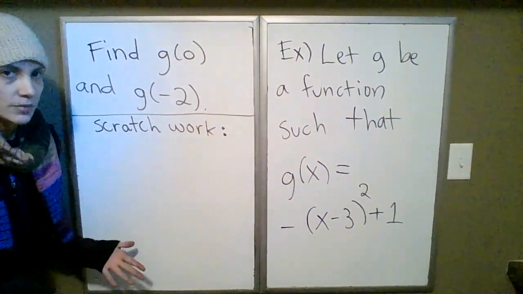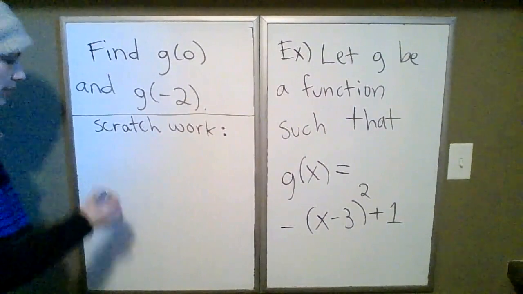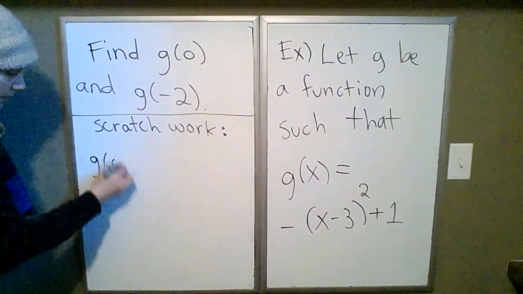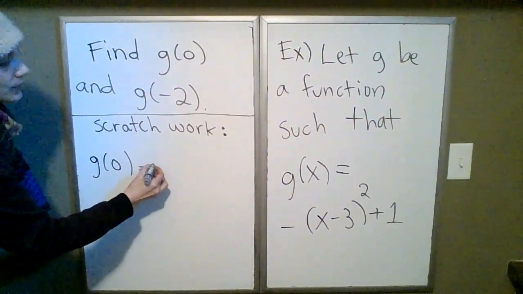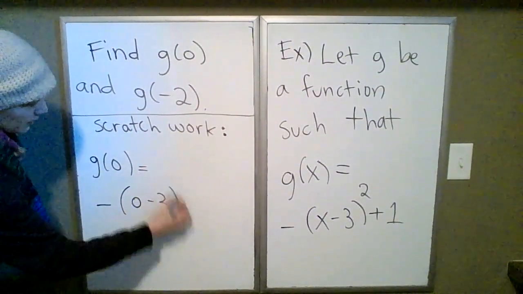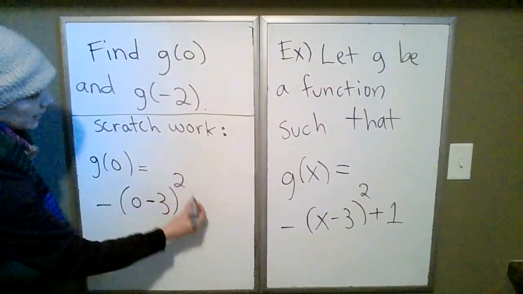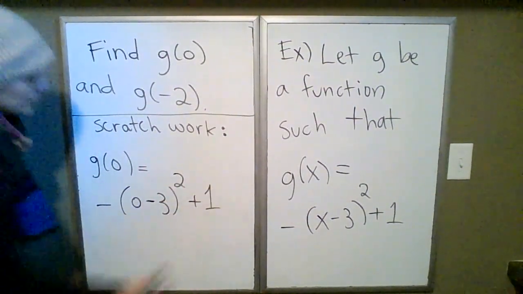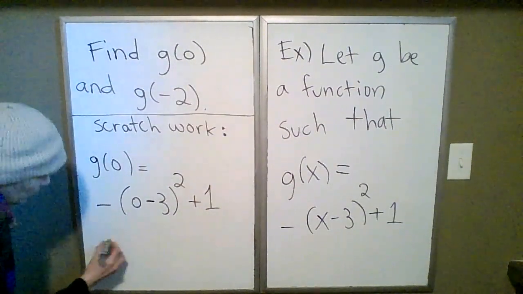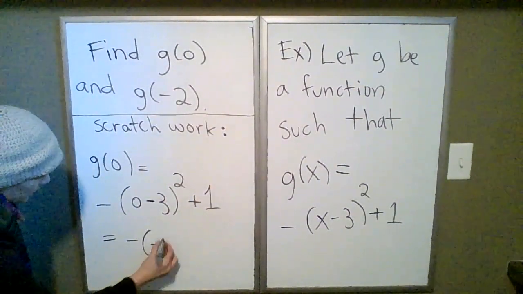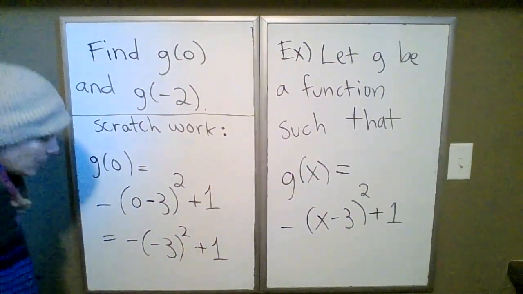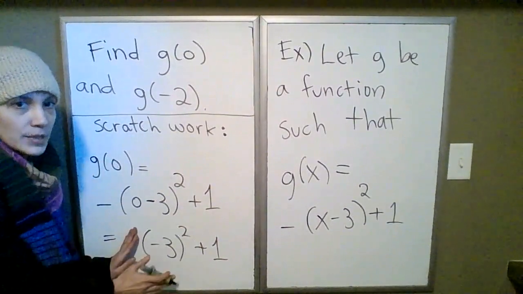Okay, let's start with g of 0. We put x equal to 0 and send it through the function g. Negative (0 minus 3) squared. So it's a negative of (-3) squared, plus 1. This (-3) squared is 9.